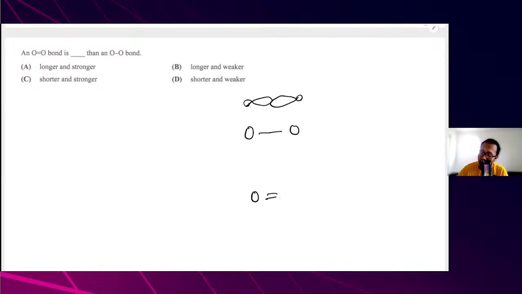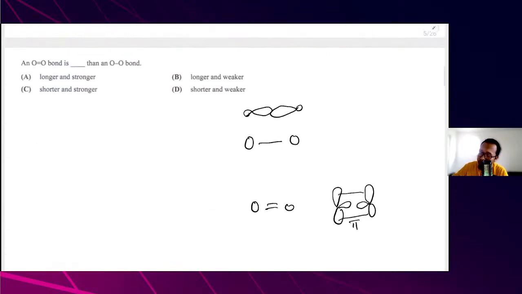So for the O=O double bond, it will look like this. This is the pi bond. Therefore you can explain the double bond in this part.